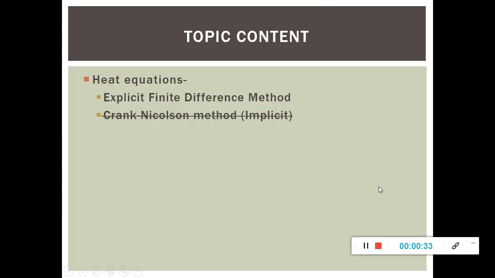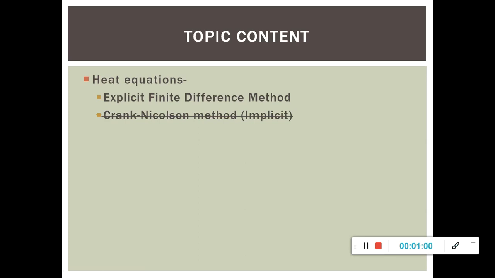Basically, in this chapter, you have three subtopics to be covered: the parabolic, hyperbolic, and also elliptic. Since we are facing a constraint on time, we have decided to just focus on the parabolic equation, which refers to the heat equation.